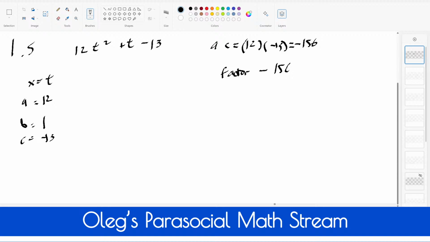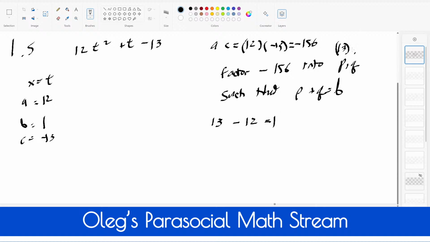Factor negative 156 into P and Q such that P plus Q is equal to B, and that's going to be 13 minus 12, which is equal to 1. So P is going to be 13 and Q is -12. We want a positive there, but we also want a negative here. This way we get both.